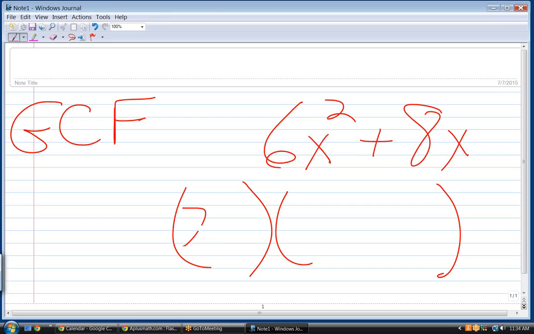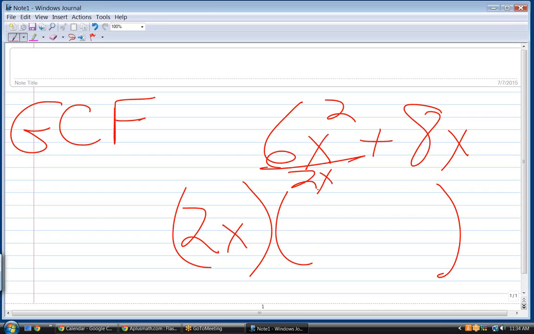Well, we know that 2 is the number part. Can I take a variable out? Yes, I can take at least one x out. And what I'm now going to do, once I've found my greatest common factor, is divide both of these terms by that.